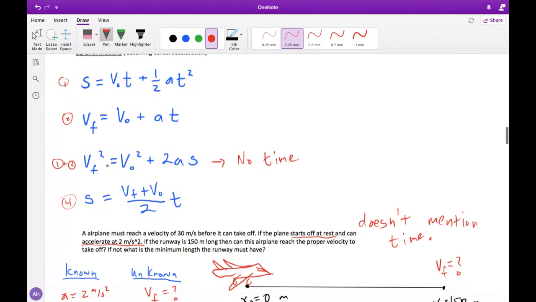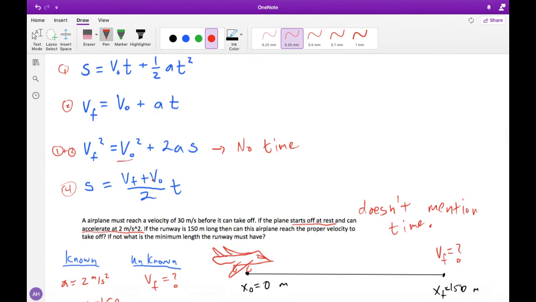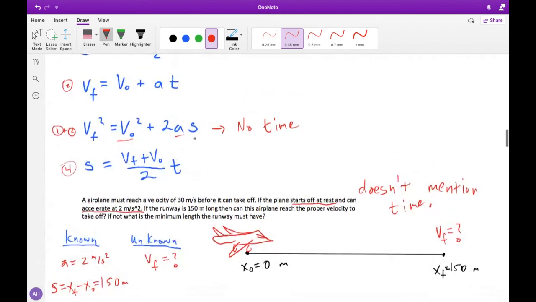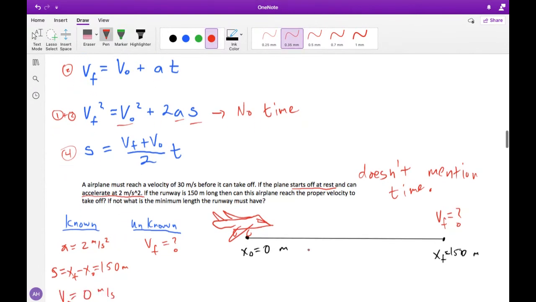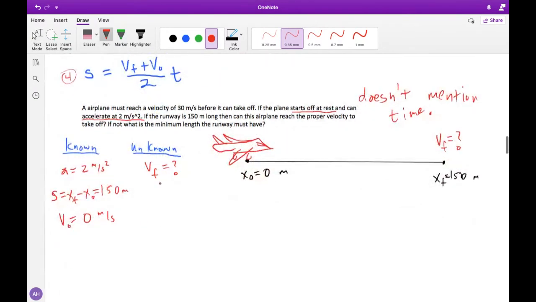So this equation has all the pieces we need, because we know the initial velocity is 0, the acceleration is 2, and the displacement is 150. So we can use this equation to solve for our final velocity. Let's write out that equation again.